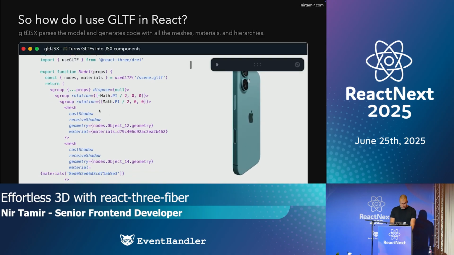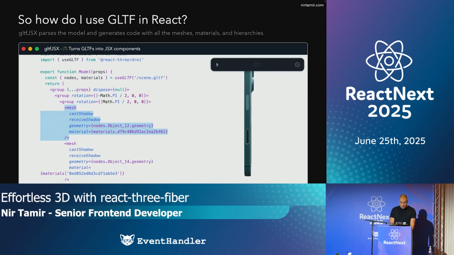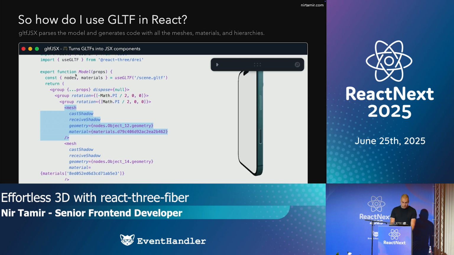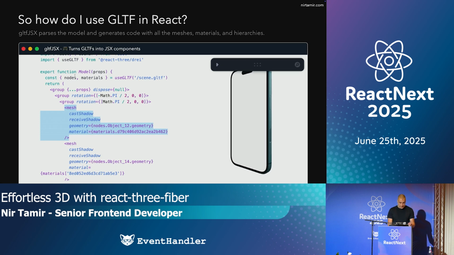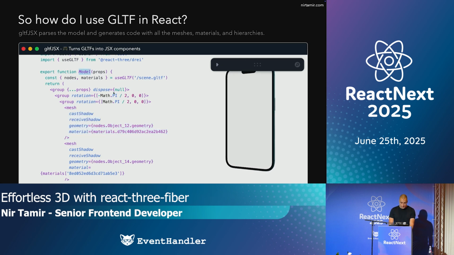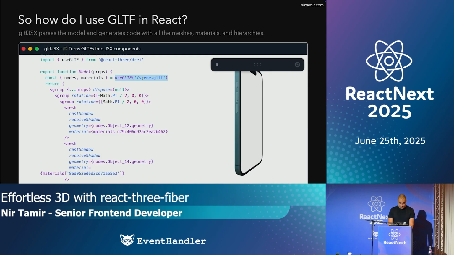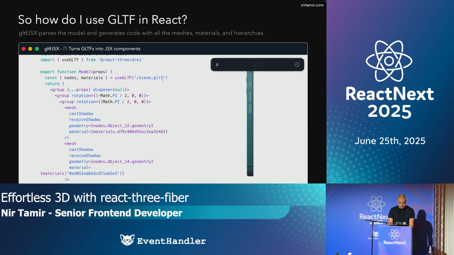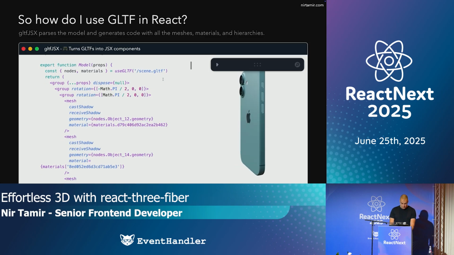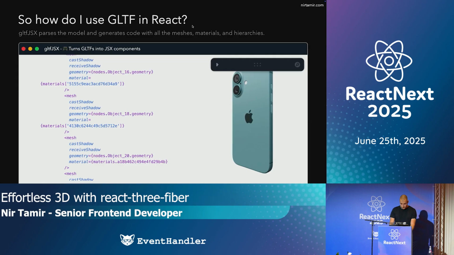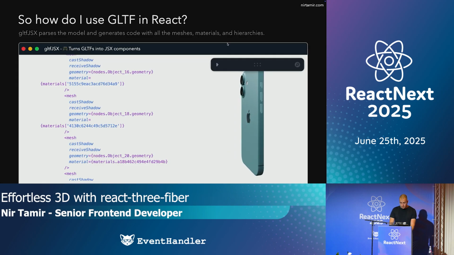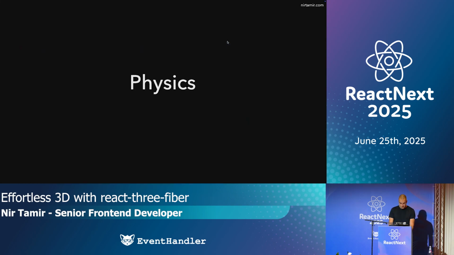And we have the iPhone, and we can see the meshes inside. So all we need to do in order to import it in our code is to copy this code and paste it, and use the iPhone model with the model component. As you can see, it uses GLTF, and it expects the model to be served in the public directory. So this is how you render an iPhone in your scene.